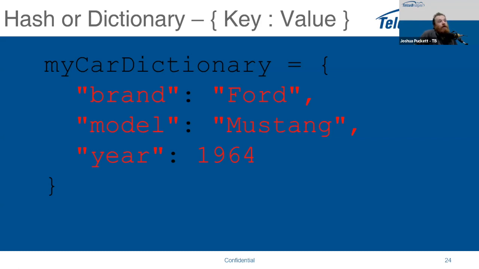But then what brand, what model, what year constantly changes. You'll see that my Ford and Mustang are in quotes where my 1964 isn't. So things like Boolean, true or false, are not going to be in quotes, and straight numbers are not going to be in quotes. Anything that is an integer, double, or float will not be in quotes.